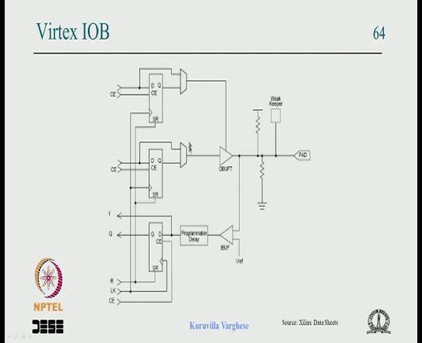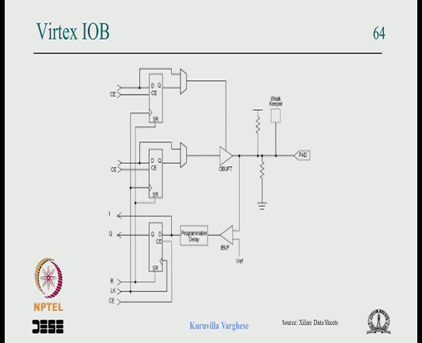So that's a basic IO block, and for some voltage standards you need to give a reference voltage, and that is this particular pin. These pins support various IO standards which can be programmed in the constraint editor. We will see the constraint editor when we discuss the tool.